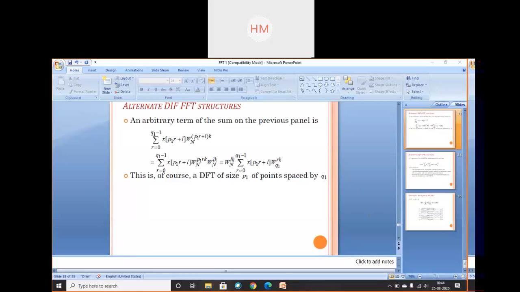Find x of k using DIF FFT. So start simplifying.